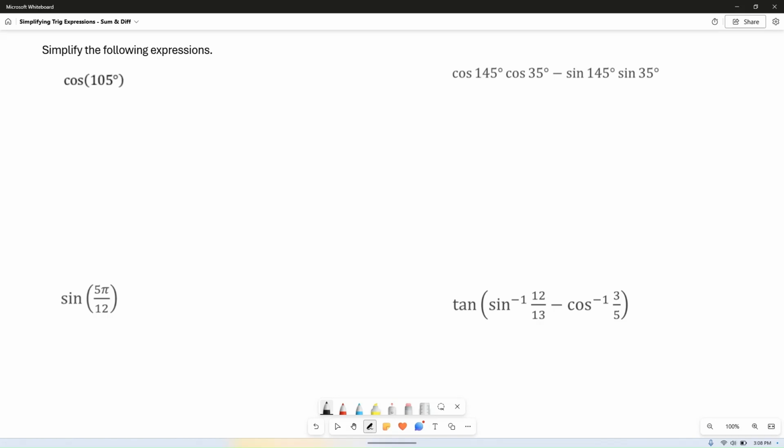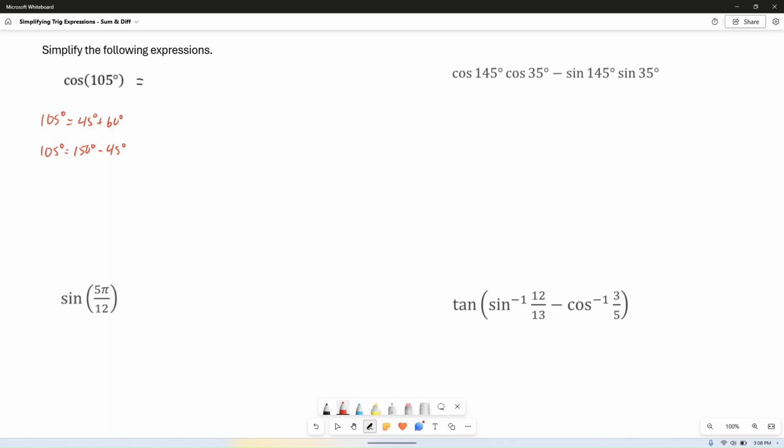For example, I could think of 105 degrees as 45 degrees plus 60 degrees, so that would be a sum. I could also think of 105 degrees as 150 degrees minus 45, so I could do this either as a sum or a difference. It doesn't actually matter. You'll get the same answer either way.